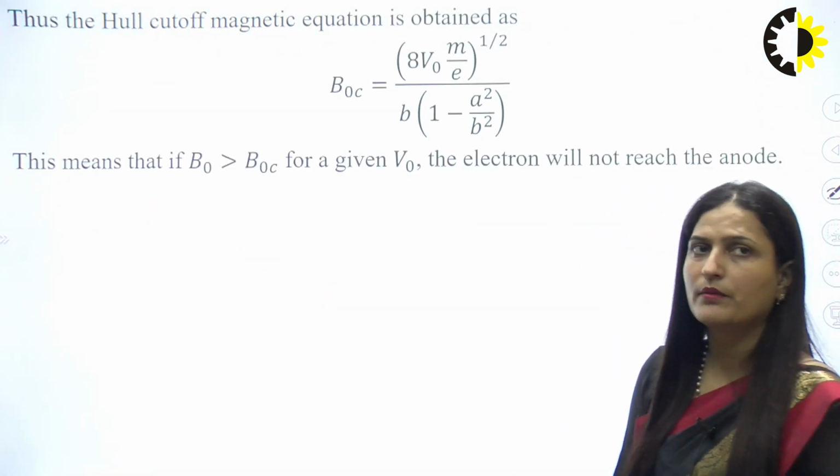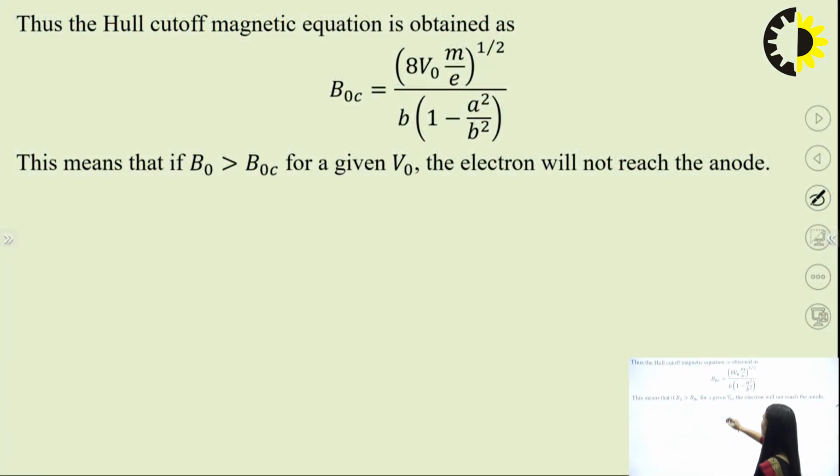So the Hull cutoff magnetic equation is obtained as B naught is equal to the square root of 8 V naught m by e, over b times (1 minus a square by b square). It means if your external magnetic field is greater than the cutoff magnetic field for a given V naught, the electron will not reach the anode, right? So this is your condition for sustained oscillation in the magnetron.